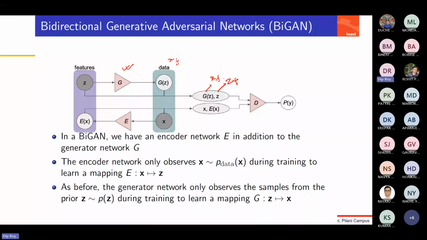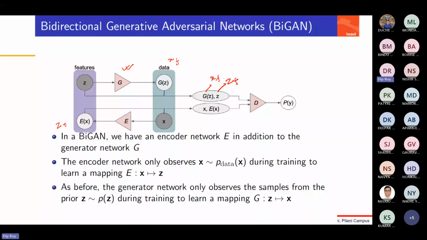Okay. And from the bottom, you have access to X. Earlier, you were passing this X here. Now, instead of passing only X, you have an encoder network here, and the encoder takes in X and outputs Z, which is let's say the true distribution, and this is passed here.